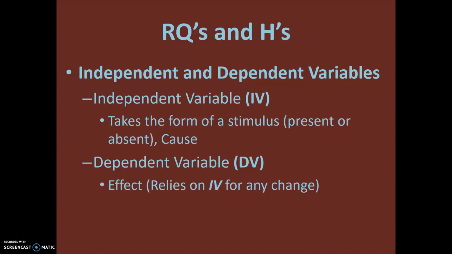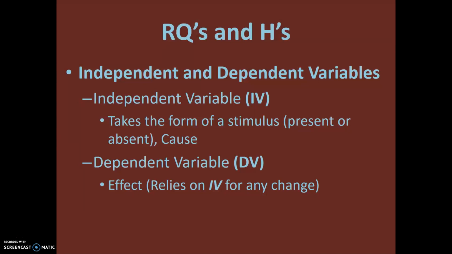The independent variable is one that stands alone. So the concept or the variable that you're using is not waiting on another variable for it to change or act differently. An independent variable is its own.